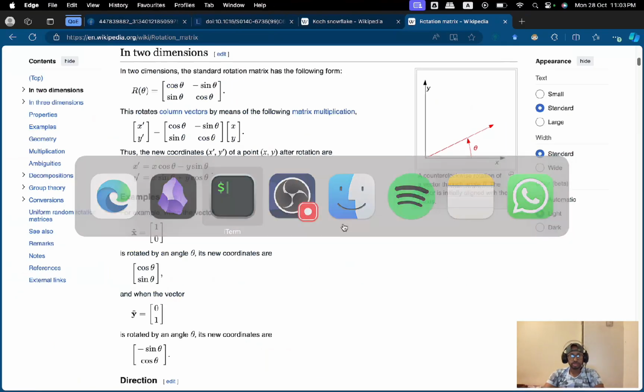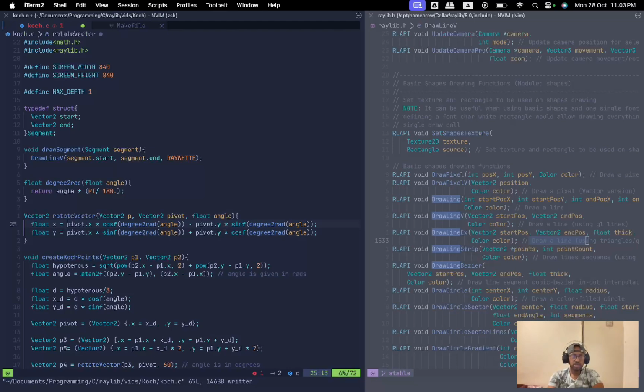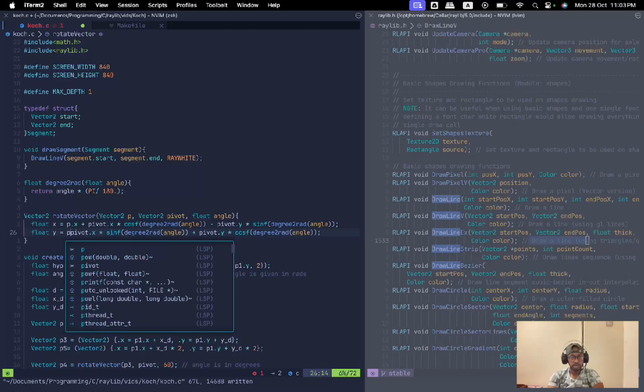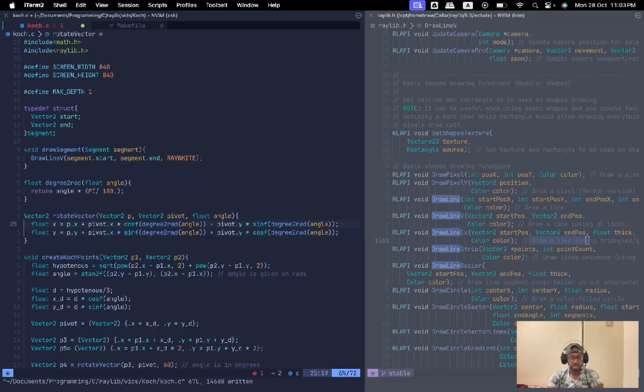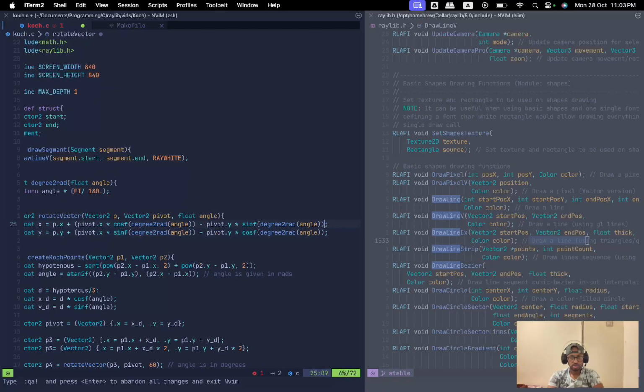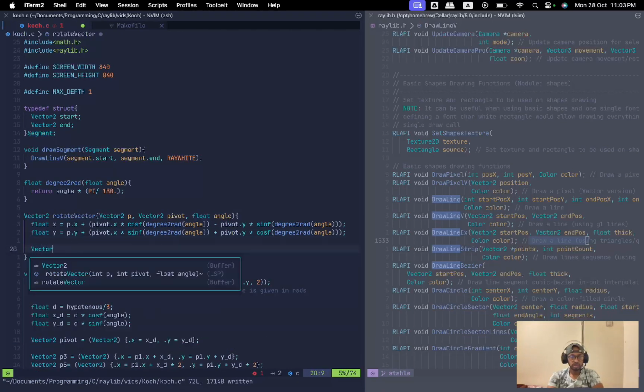So I need to come here and add p.x plus p.y plus p. And let me create a new vector. Let's call it p4, which is a vector 2.